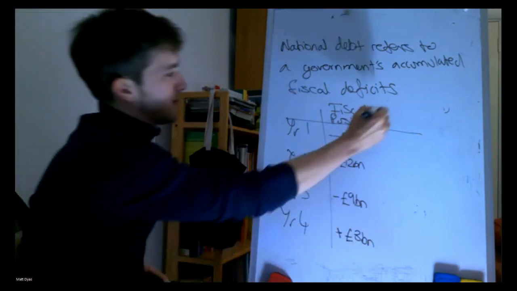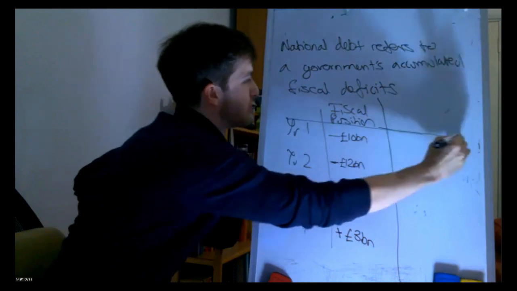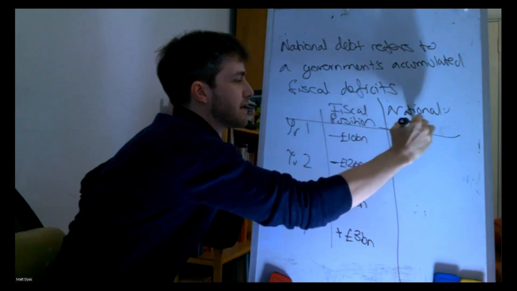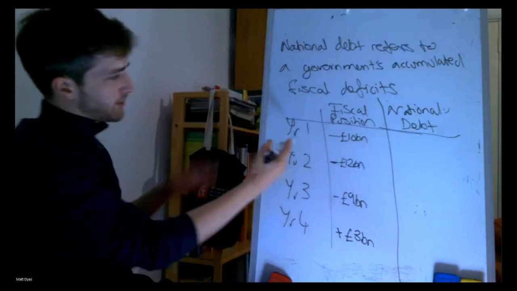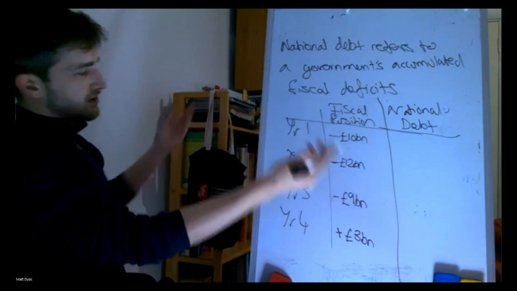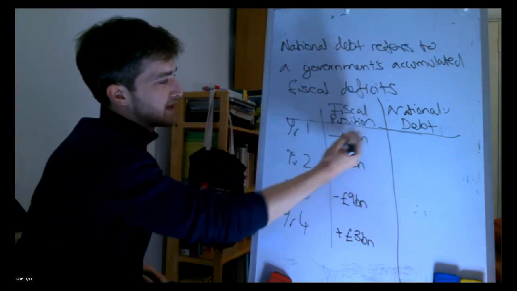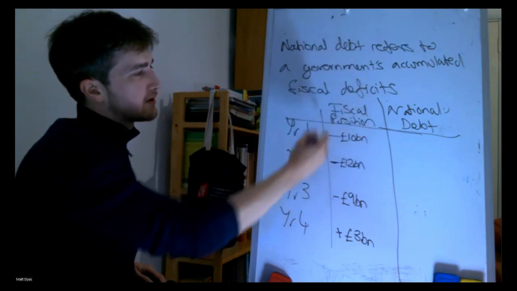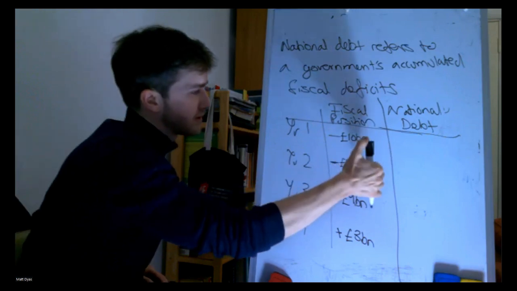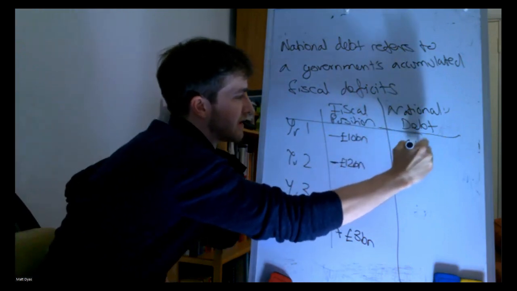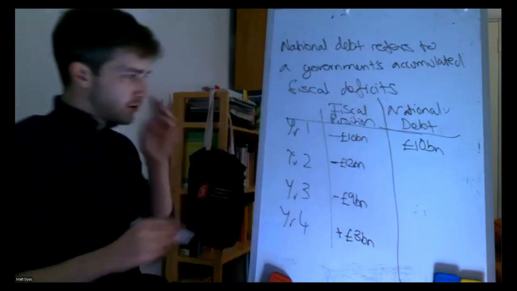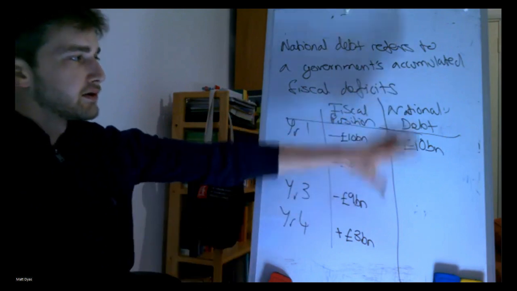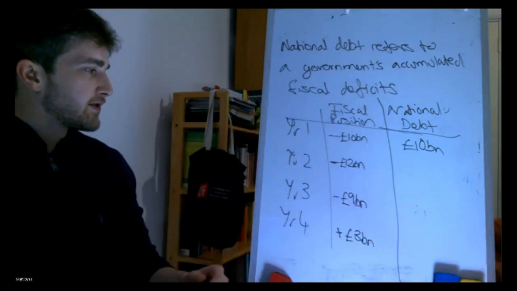Okay, so the accumulated fiscal deficit, or the national debt, is literally, if we imagine this is the first year this government starts operating, well, they've spent 10 billion more than they made in year 1, so they will have to borrow to cover their fiscal deficit, and that's where national debt comes from. They'll have to borrow 10 billion to cover their fiscal deficit, and they will now owe someone 10 billion. We're going to ignore interest here, so we'll assume it's interest free.